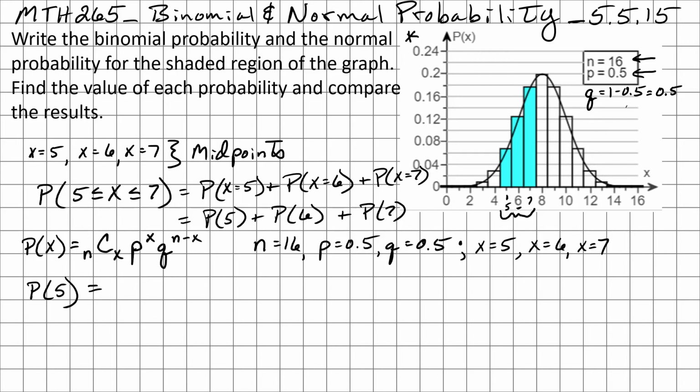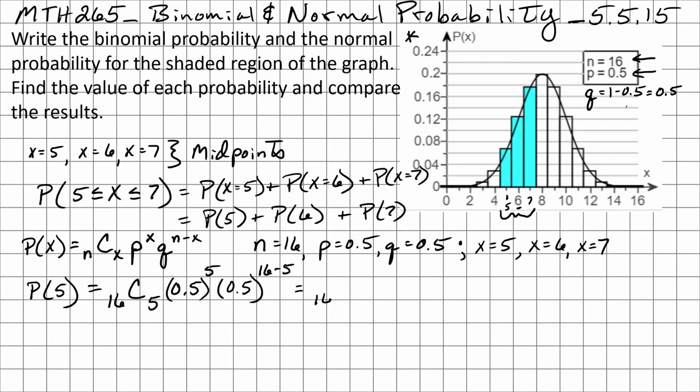So, if n is equal to 16, this is going to be 16C, and x is going to be equal to 5 to start with, times p, which is 0.5, raised to the 5 power, times q, which is also 0.5, raised to the n minus x power, which is going to be 16 minus 5.